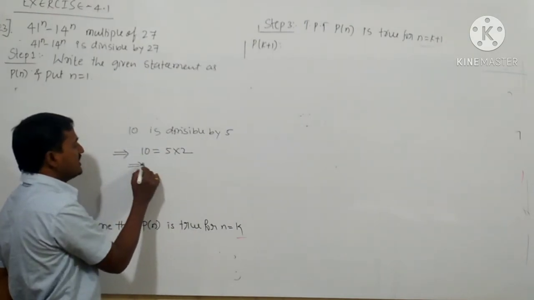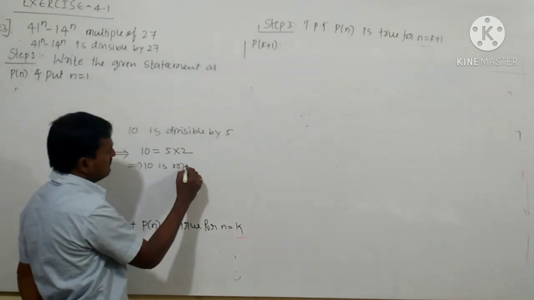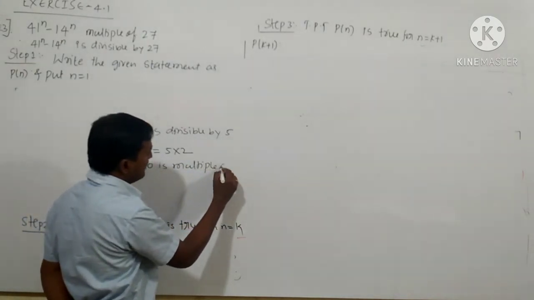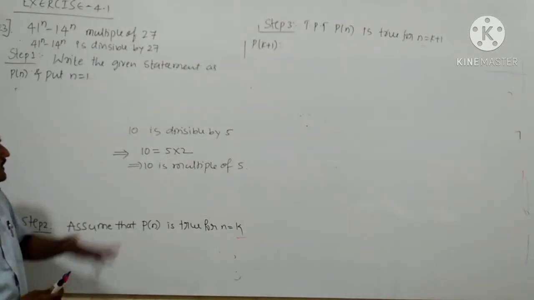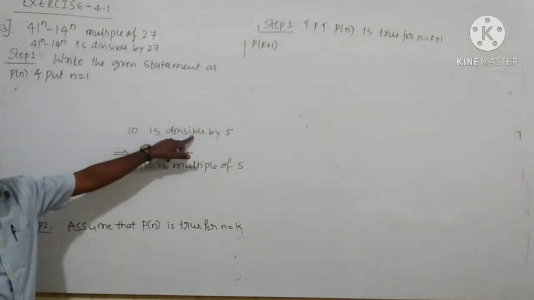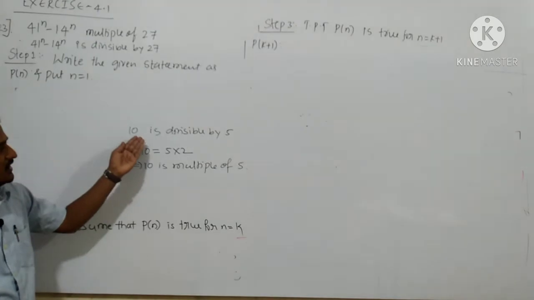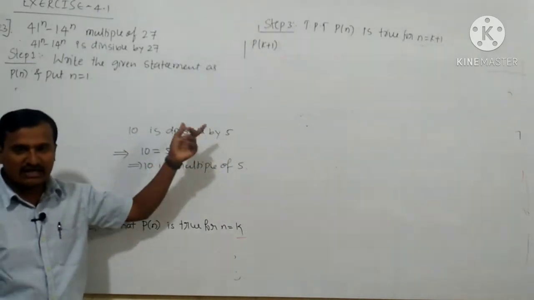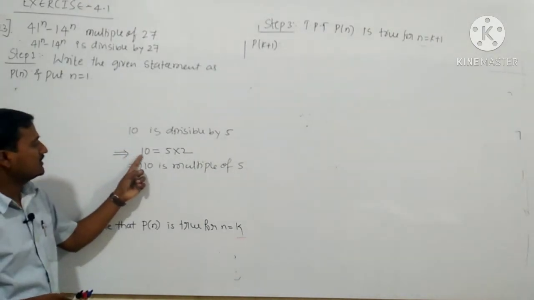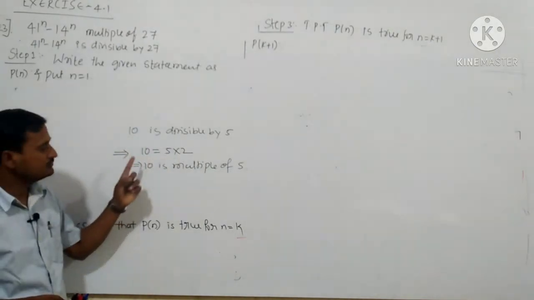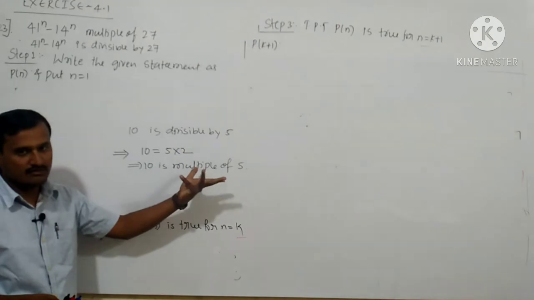This also implies 10 is a multiple of 5. Whether it is true or false? If any number is divisible by 5, it means that number should be a multiple of 5. Okay, 10 is equal to 5 into 2. This implies 10 is a multiple of 5.